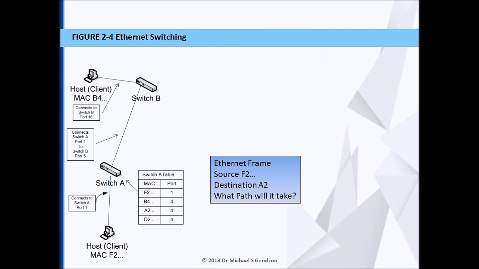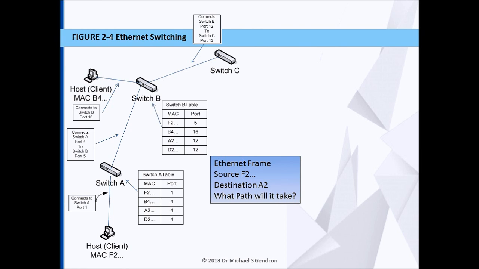Let's add another switch. Switch B, port 12, connects to switch C, port 16, so that we have an interconnection there. Let's take a look now at the switch B forwarding table to see what's going on.